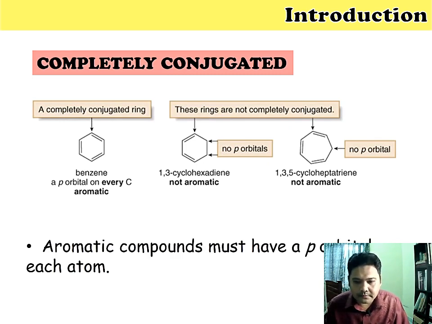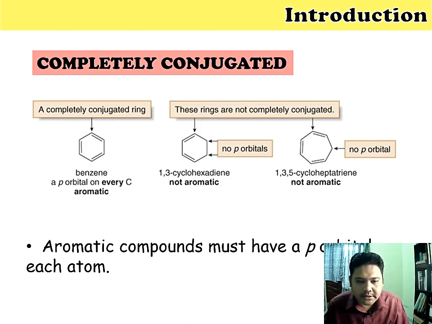Okay, a completely conjugated aromatic compound must have a p orbital on every carbon atom, like benzene.